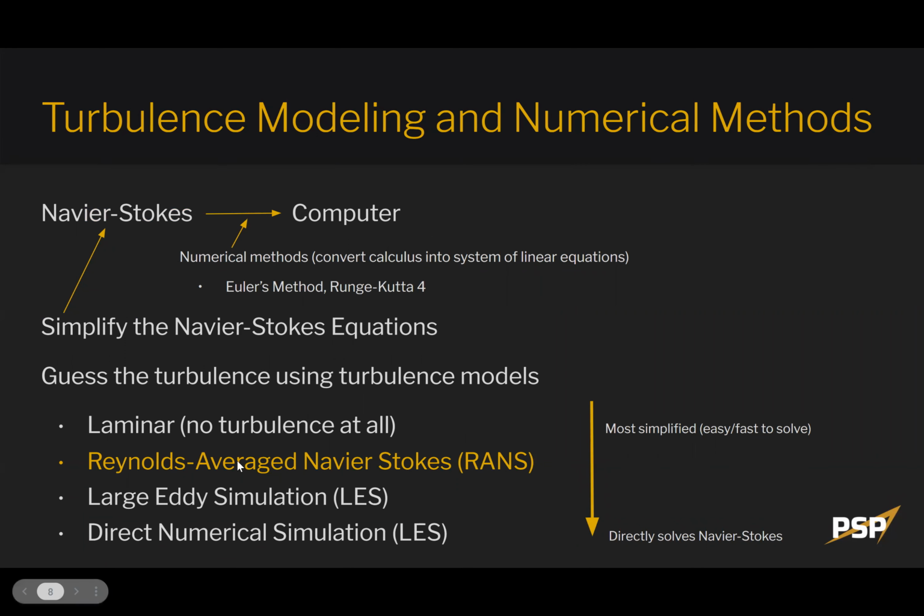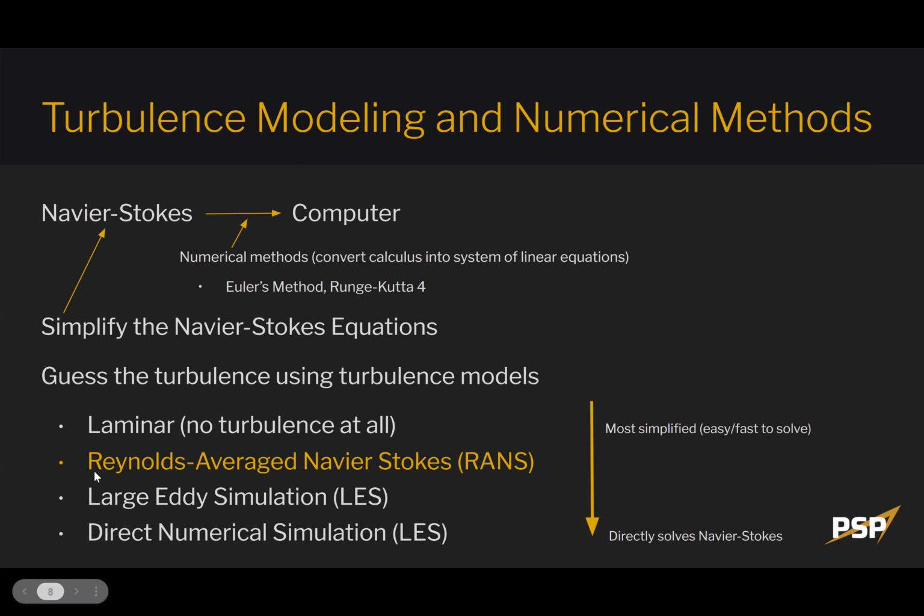Or you do Reynolds averaged Navier-Stokes, RANS. This is highlighted because this is what we're mostly going to be using. Essentially, we just solve a little bit and then we predict the rest of it. We don't directly solve it. We just predict it using some sort of model, some sort of turbulence model. And I'll talk about what those are later.